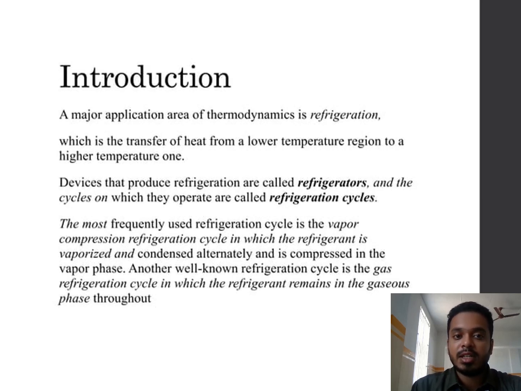The most frequently used refrigeration cycle is the vapor compression cycle, in which the refrigerant is vaporized and condensed alternately and is compressed in the vapor phase. Another well-known refrigeration cycle is the gas refrigeration cycle, in which the refrigerant remains in the gaseous phase throughout.